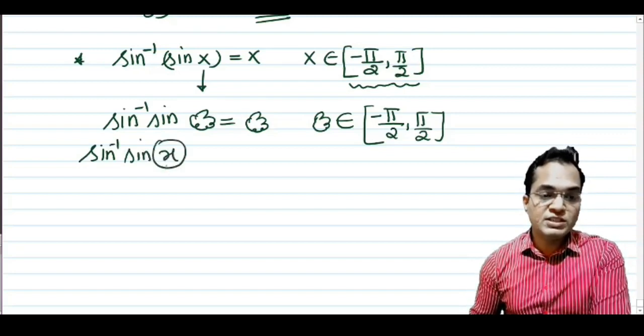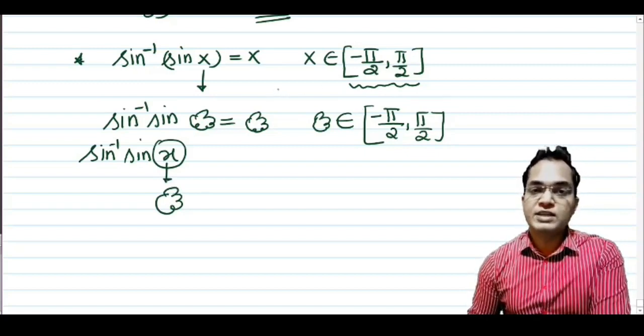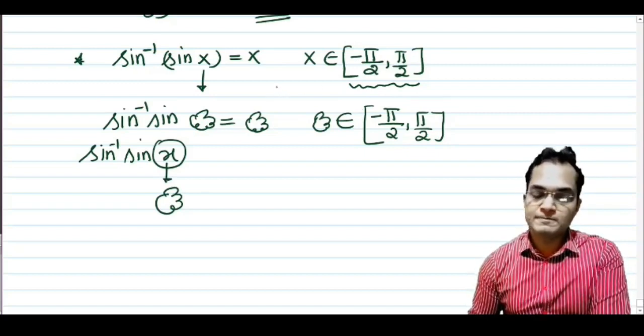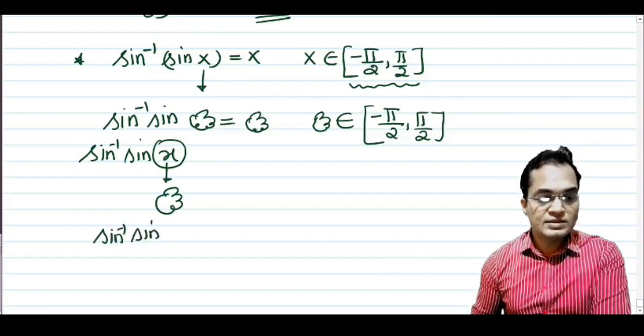First of all you have to change x such that it lies in this range, then sine inverse sine x will be x. Got it? Sometimes you observe that sine inverse sine x is not x, it becomes pi minus x.